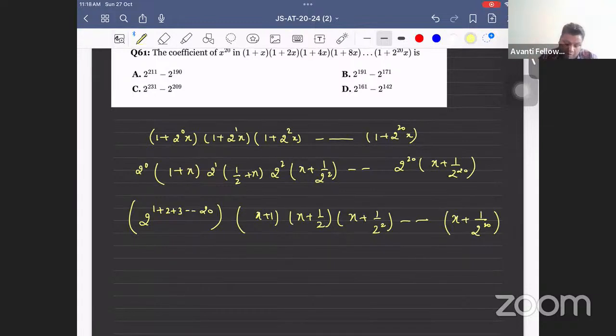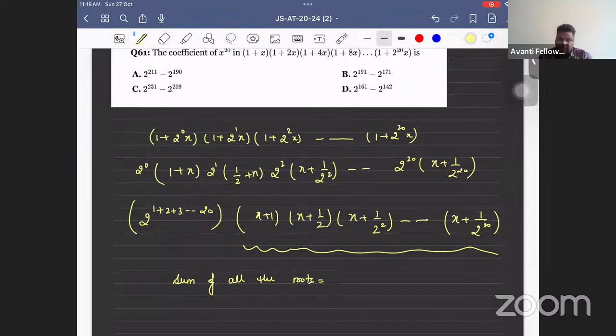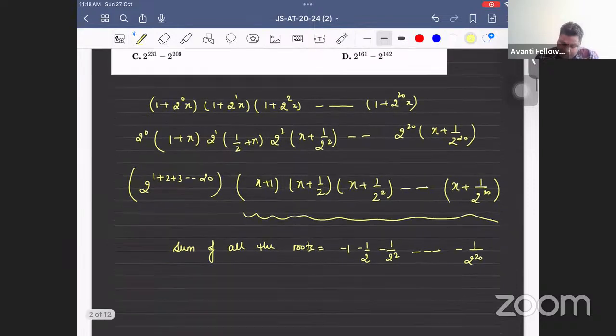They're asking for the coefficient of x raised to the power 20. Now, first of all, I'll talk about this. Sum of all the roots will be what? Sum of all the roots will be minus 1 by 2, minus 1 by 2 square, and so on, minus 1 upon 2 to the power 20.